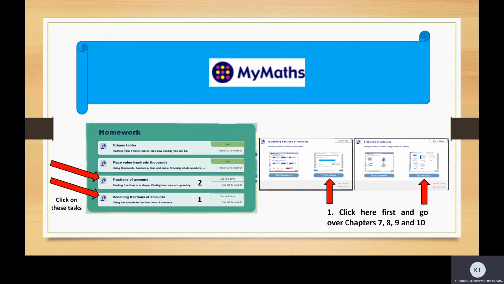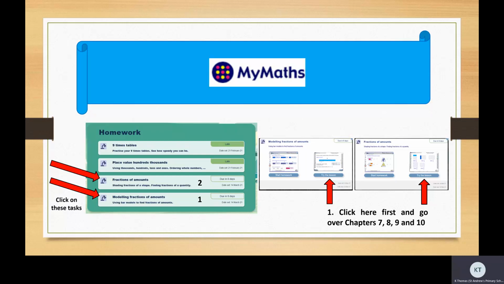So you just need the information from the lesson first to help you to complete today's bronze, silver and gold tasks. Don't do the homework yet because you need to complete Wednesday's daily maths task on Seesaw.